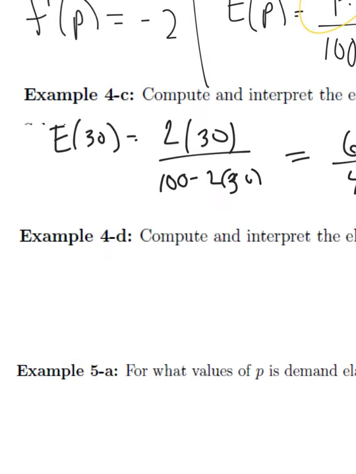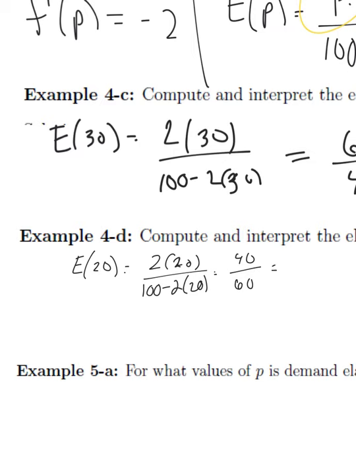All right, so E of 20 is going to be 2 times 20 over 100 minus 2 times 20, which is 40 over 60, which is about 0.67.